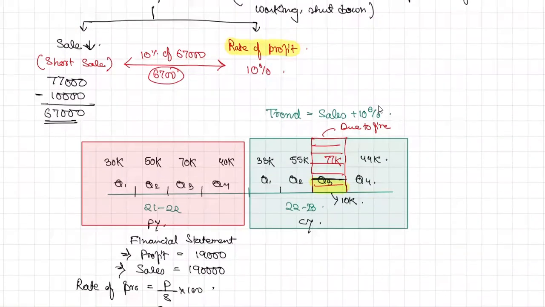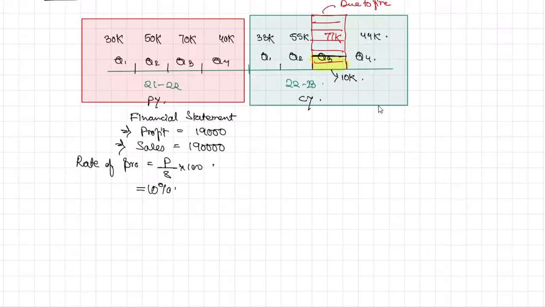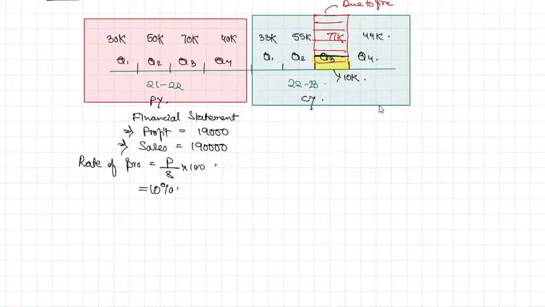Okay, now this financial statement, I'm going to modify a bit. Okay, what I'm going to modify? Now, whenever we start our trading account, we start with sales. Correct. So our sales was 1,90,000. Then we deduct some direct expenses.